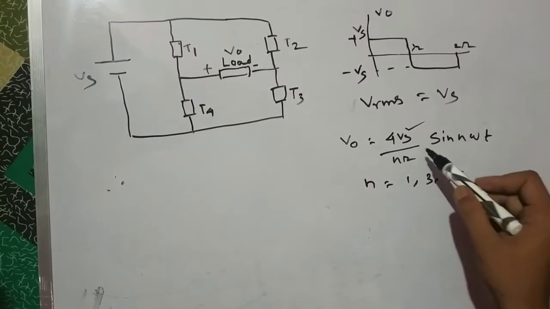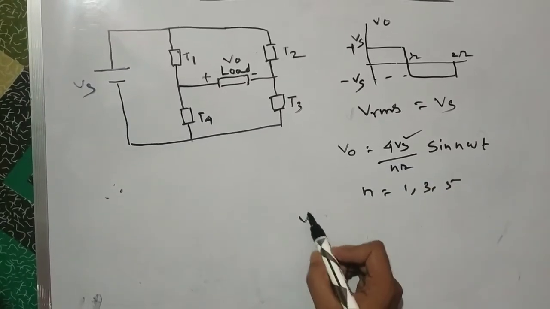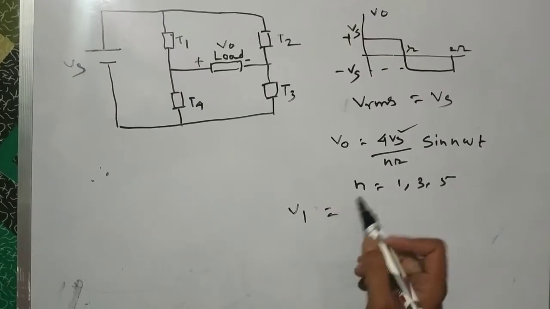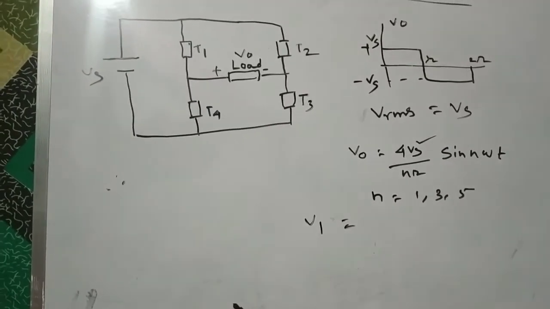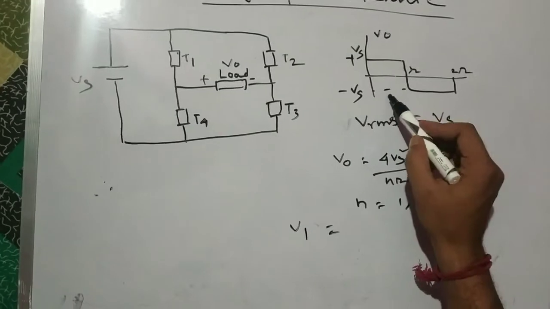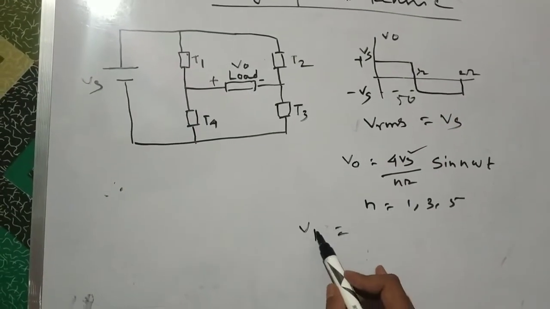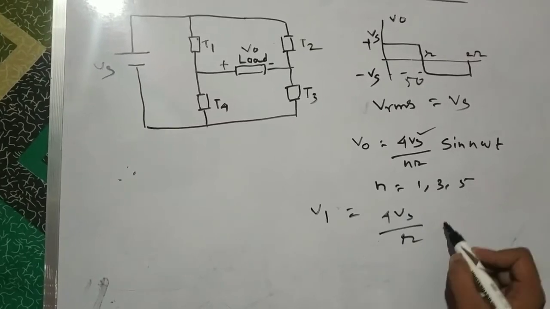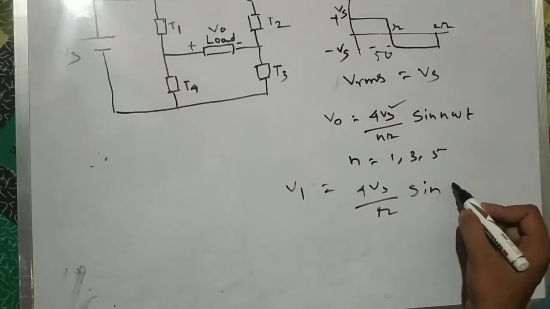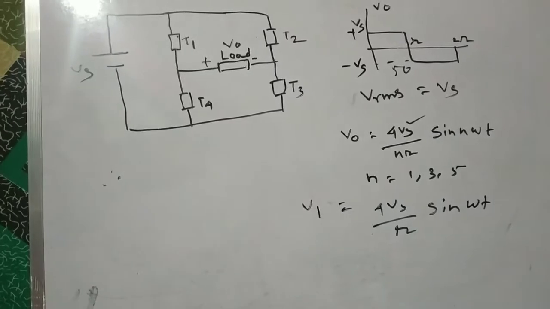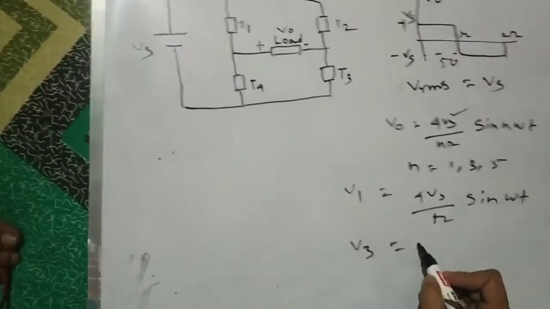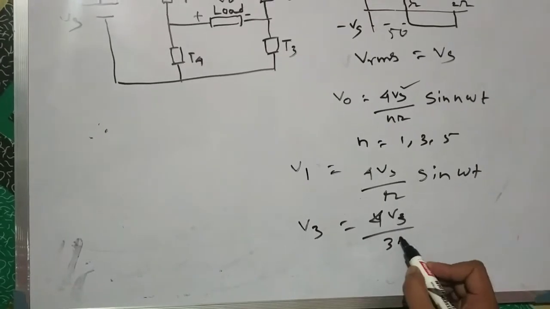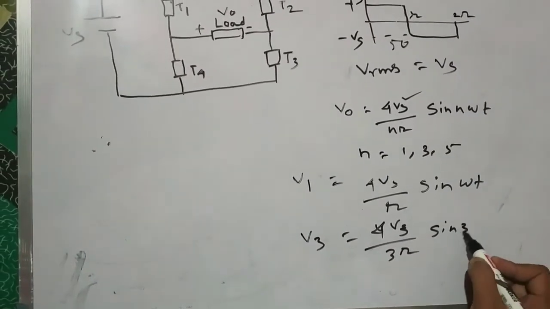If the output frequency is 50 Hz, the fundamental output voltage will be 4 Vs by pi sin omega t. For the third harmonic, it is 4 Vs by 3 pi sin 3 omega t.